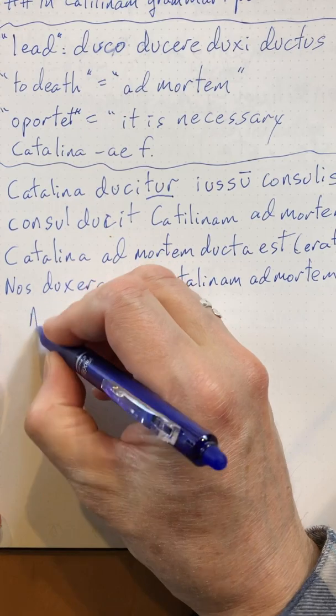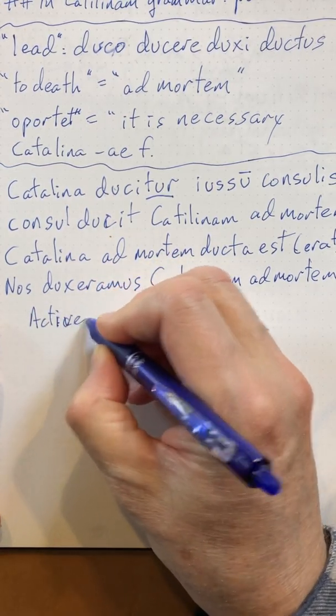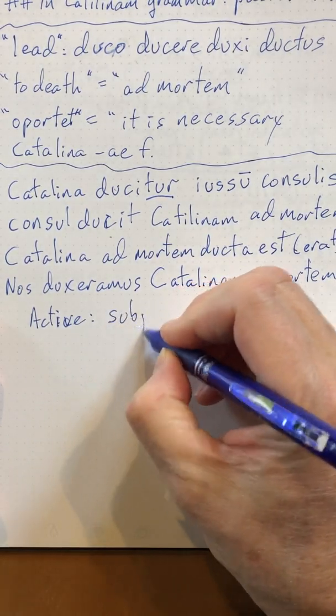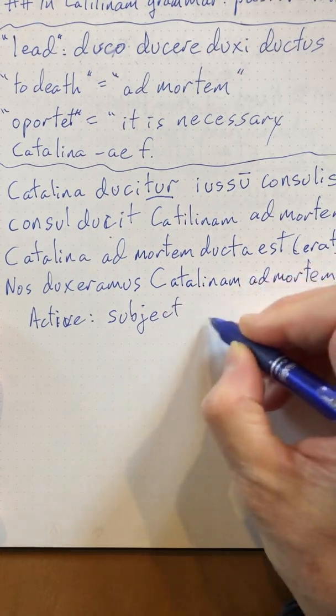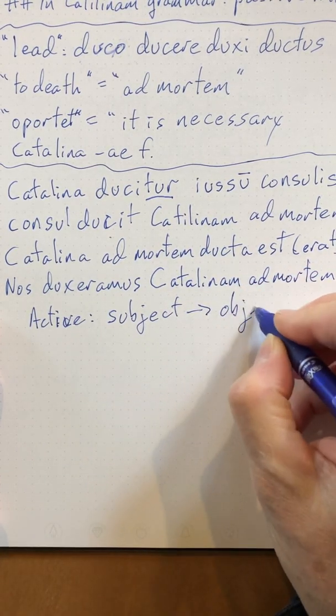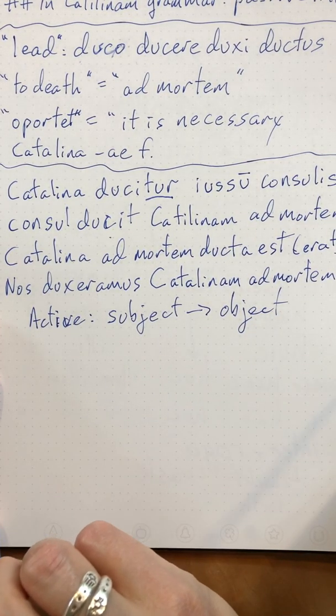Let me spell that all out. In the active, the subject often acts upon the object. There's a direct line there.